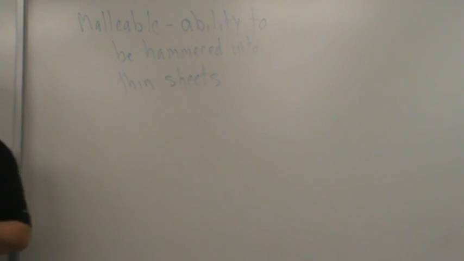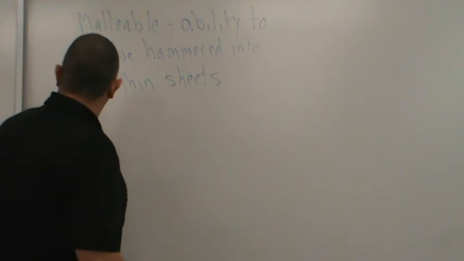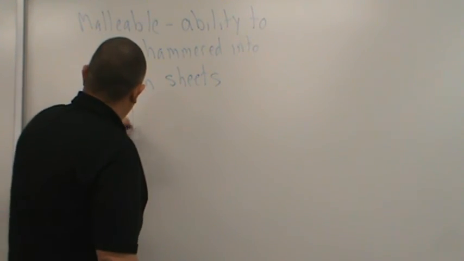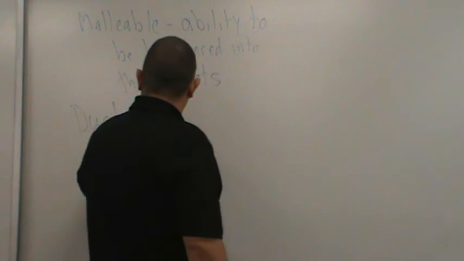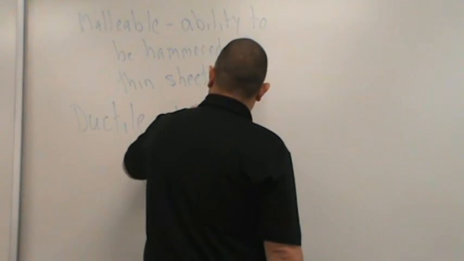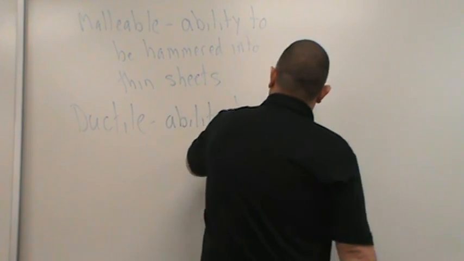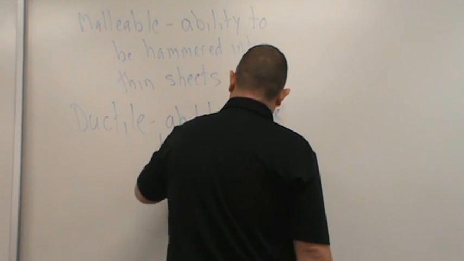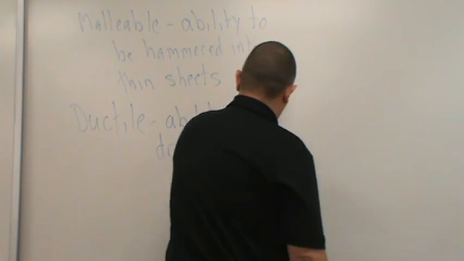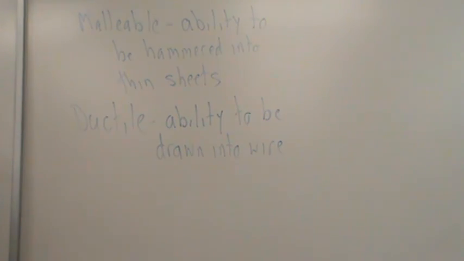The other property that we see with metals that we don't see with other types of compounds is that they are ductile. Now what ductile means is just the ability to be drawn into a wire.